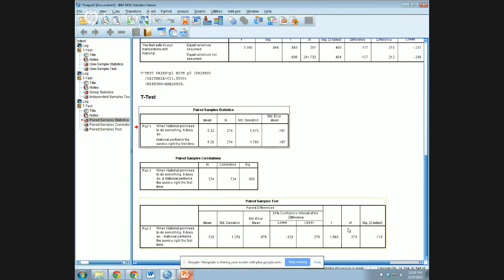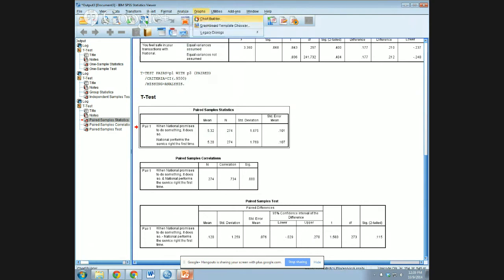If the significance is less than 0.05, we would say it's significant, but it's not. It's greater than 0.05, so we say it's non-significant. There's no difference between National promising to do something and doing it right the first time. We accept the null hypothesis. There's no difference between the two. So that's what happens when we use a t-test: we look at the difference between those two paired samples.